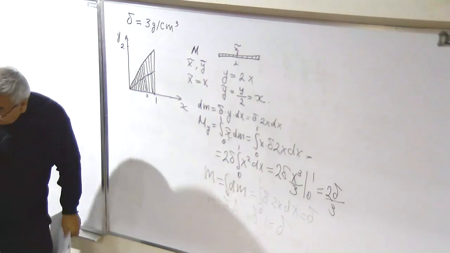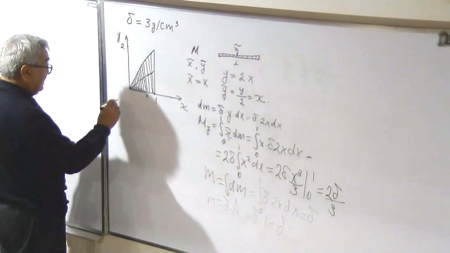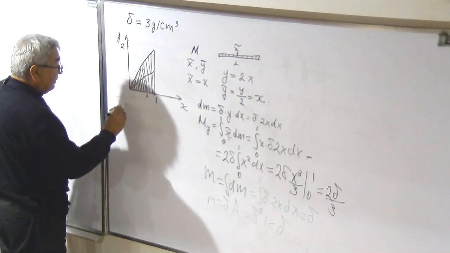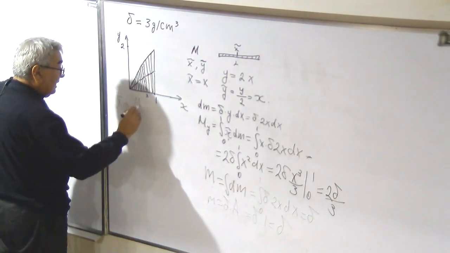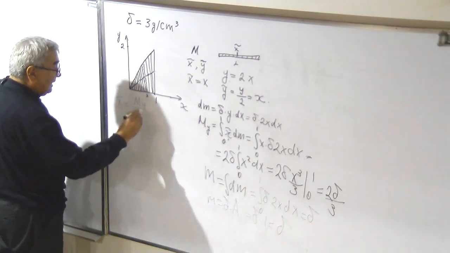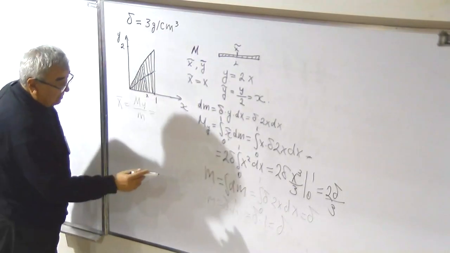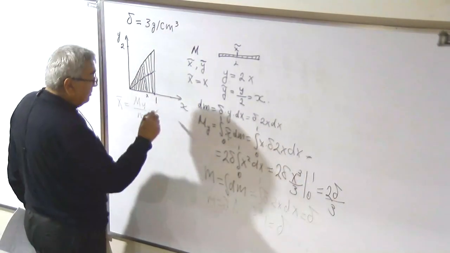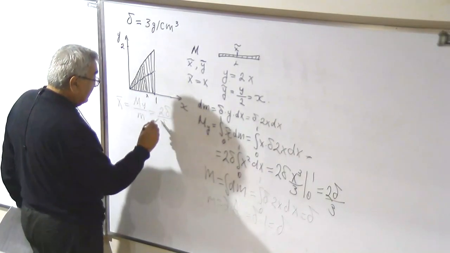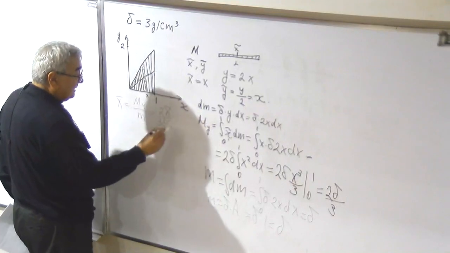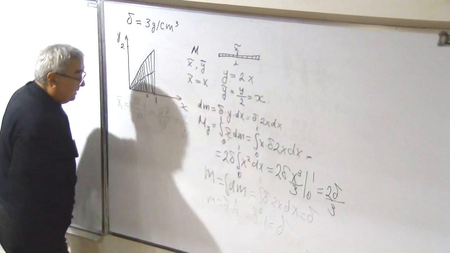Okay, now let us calculate what will be the x coordinate of the center of mass of this plate. For this case, it is necessary to divide this value My by the total mass. If you substitute this value, the 2 delta divided by delta, here's the 3, you see delta is cancelled. That means you receive 2 by 3.